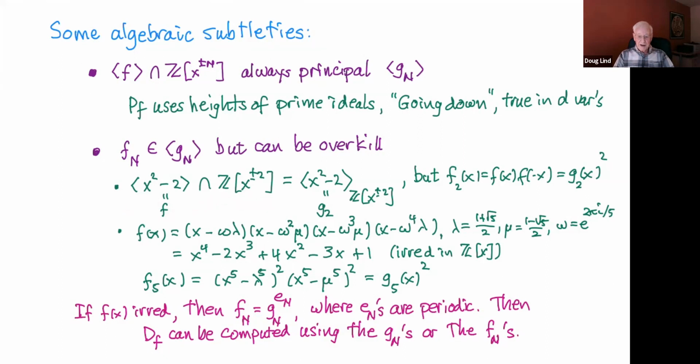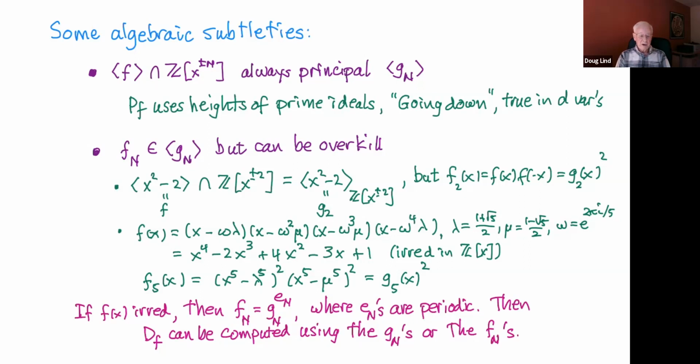But if you computed f2, you would have to take f of x times f of minus x, and you'd get the square of the generator. So that's a simple example where f2 is actually a power of the generator. It isn't the generator itself.